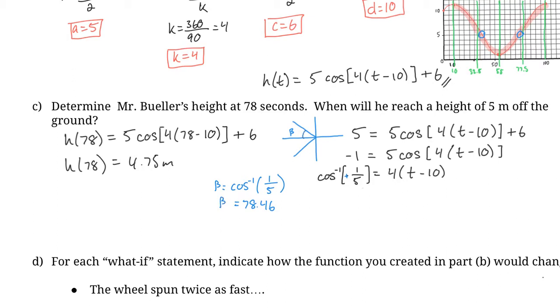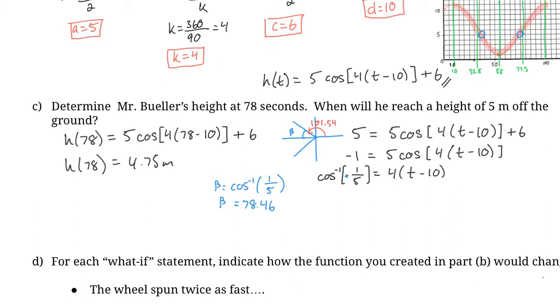But to find our 2 standard angles, for this angle you have to do 180 minus 78.46, and I get an angle of 101.54.